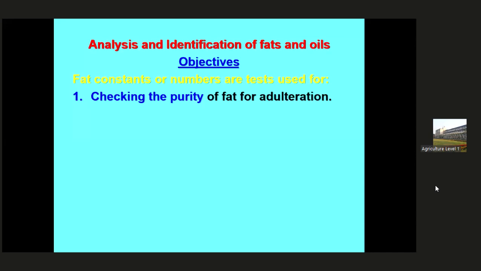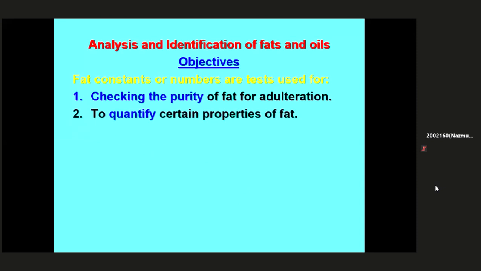But from the rancidity point of view, checking the purity for fat adulteration means that if any impure organic substance that is not fit for human consumption is added to the fat, the fat will be adulterated and impure. So we check whether any harmful material is added to the fat or not.